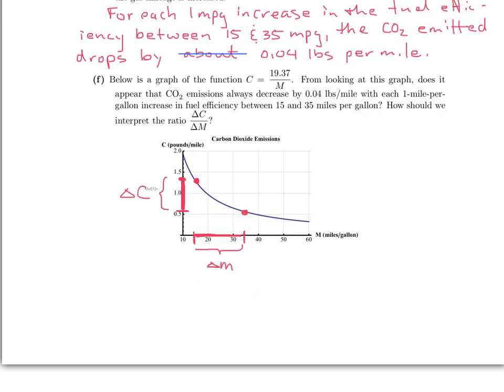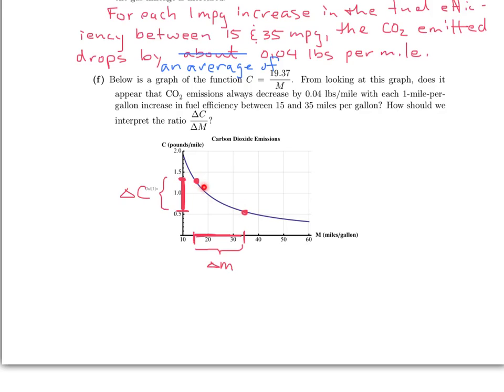So instead of saying that the carbon dioxide emitted drops by about 0.04 pounds per mile, the correct interpretation is to say it drops by an average of 0.04 pounds per mile. Again, if we refer back to our graph, if I just look in this interval here, every time I move to the right 1 unit, the amount that the graph falls is always different.